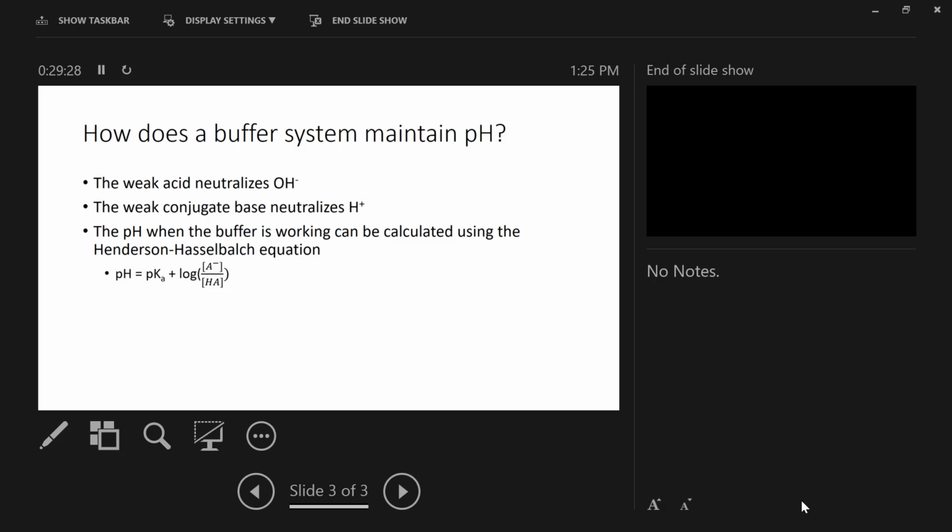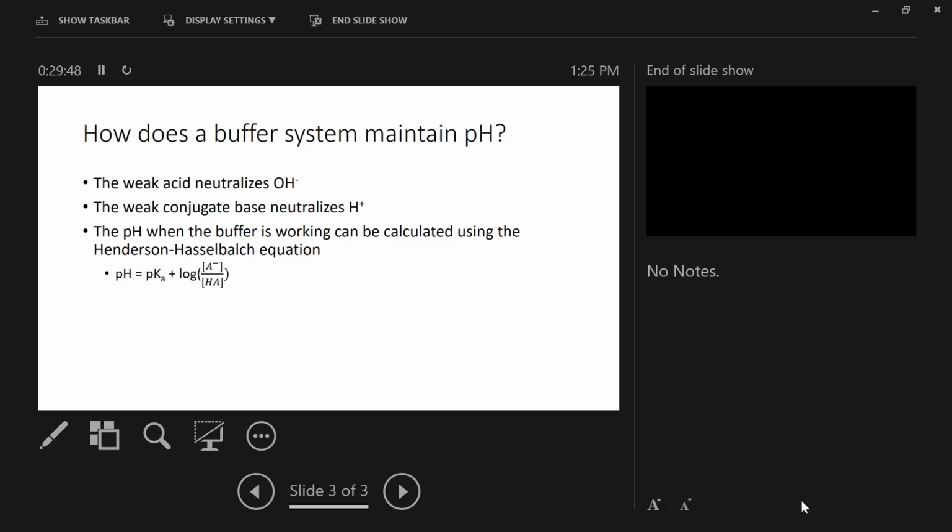The formula for this is pH, the pH of the solution is equal to the pKa of the buffer system, whatever that weak acid is, right? Every weak acid has a very specific Ka, right? We talked about this 2 weeks ago. Every acid has a very specific Ka.